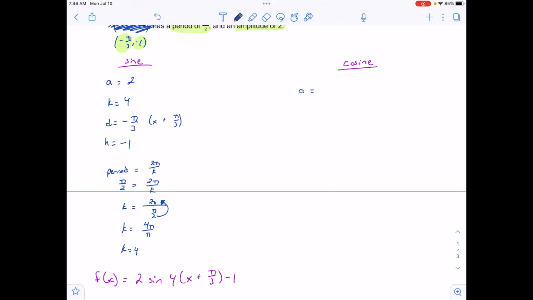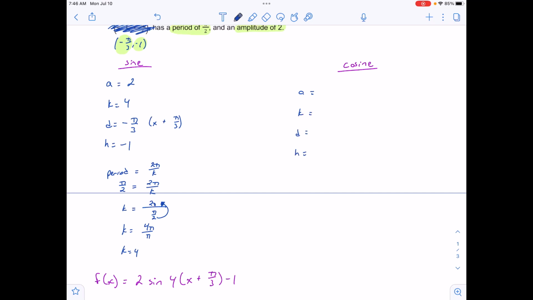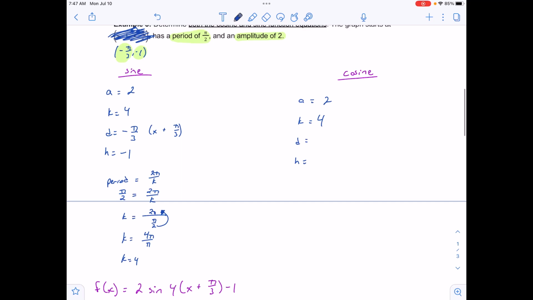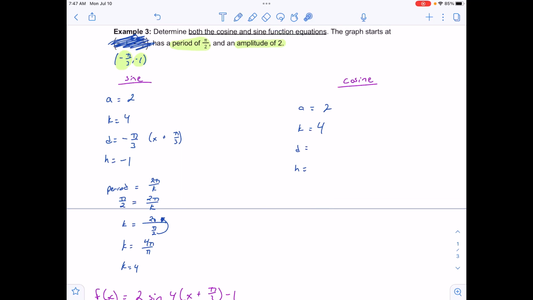I'm going to write my a, my k, my d, and my h once again. We're being provided with an amplitude of 2. We already know that from right here. Our period is going to be the same. Cosine and sine have the same period, so I can grab a k value of 4 as well. Now we know that the graph here is starting at negative pi over 3, negative 1.